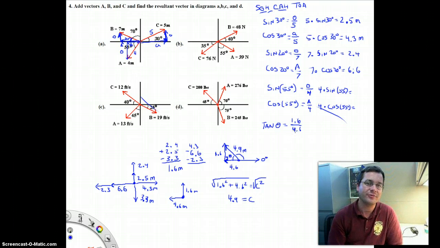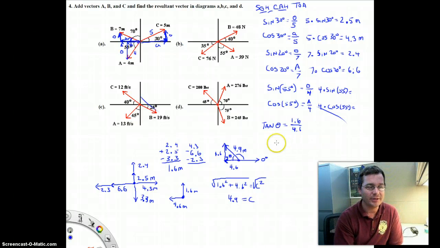The tangent machine is a machine that you drop an angle in one side and you get a ratio of sides out the other. But we need just the opposite. We know the ratio of the sides and we need the angle. So we have to use the inverse function. We have to use the anti-tangent machine, or what we'd call arctangent. So the arctangent of 1.6 over 4.6 is going to equal angle theta.